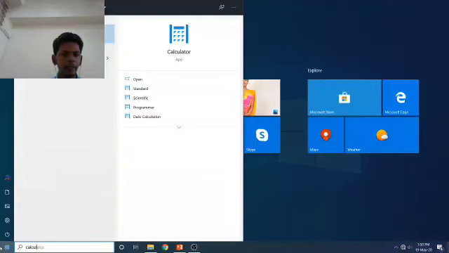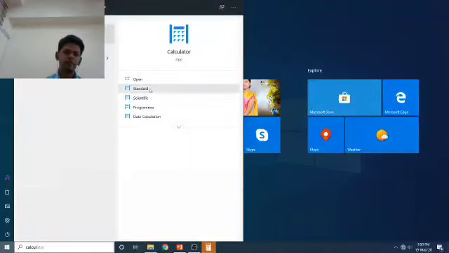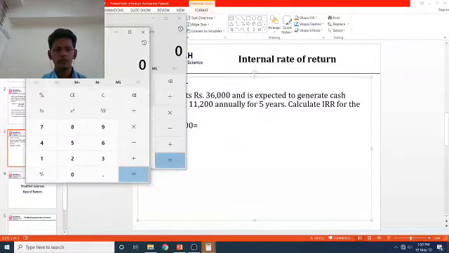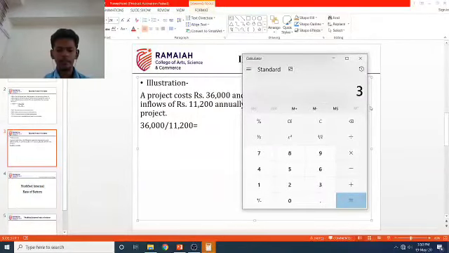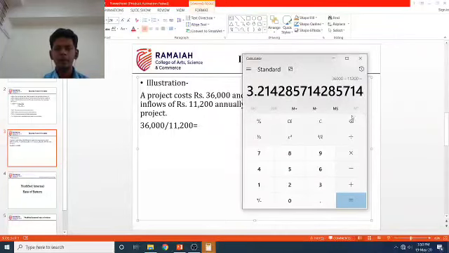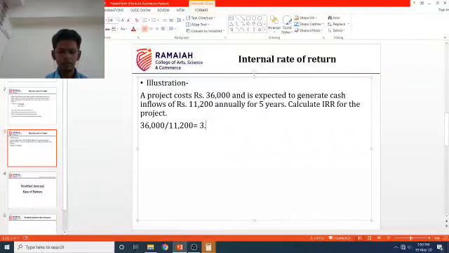Let me open my calculator. 36,000 divided by 11,200 is 3.214. So you have got your payback period. It lies somewhere between 3 and 4.